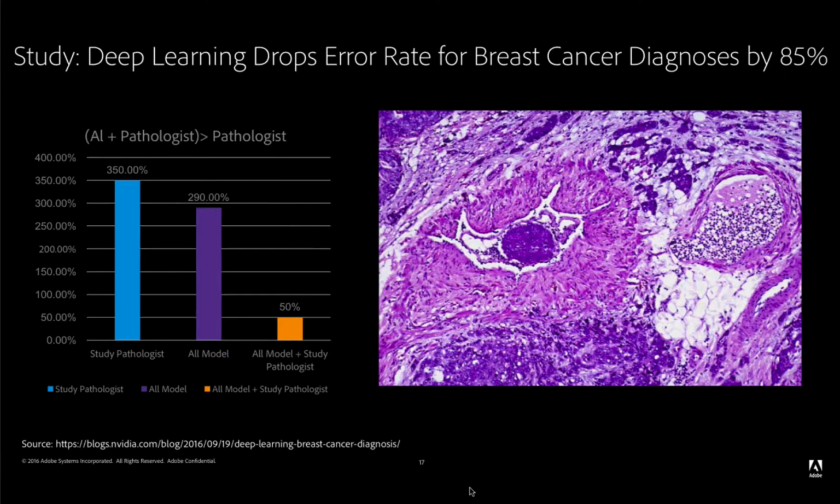If you combine the AI model with the doctor, you can get much better performance. And how can you understand that? Well, the reason is that then the doctor doesn't have to look at all of these images. You can simply have the AI model find the ones that are likely to be a problem, and then pass them on to the doctor, and he will inspect those images in more detail.